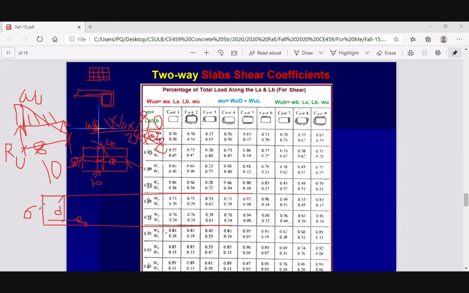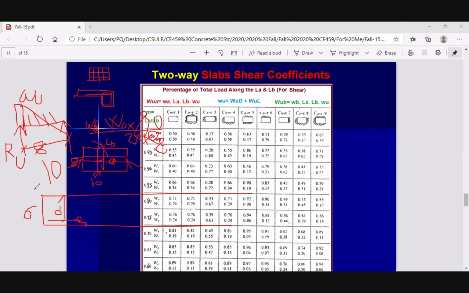So 6 minus that one, that's your D. Divided by 12, because that's inches, omega is pound per foot. This reaction is pound. So reaction RU minus 12 times omega U is your shear. So you can calculate your VU.